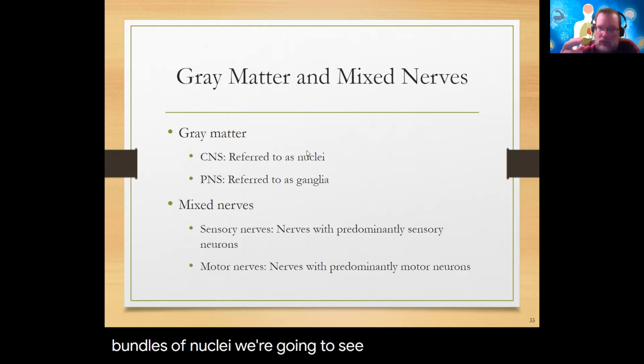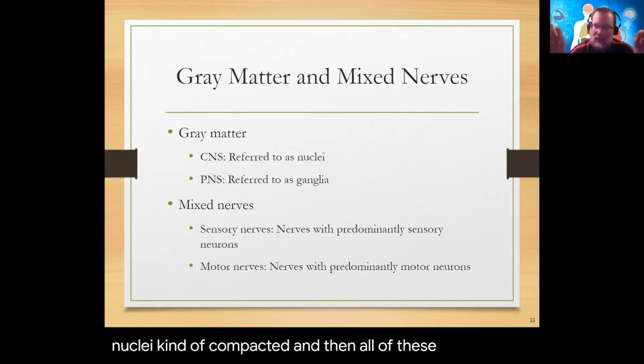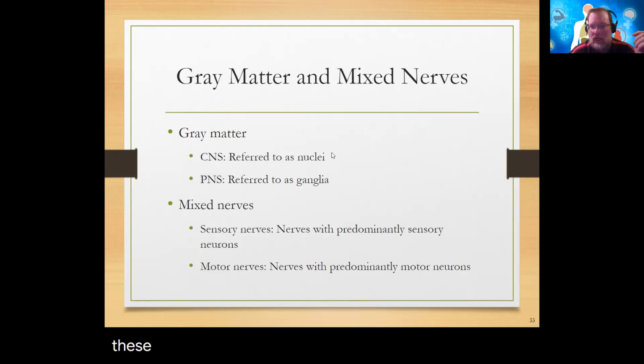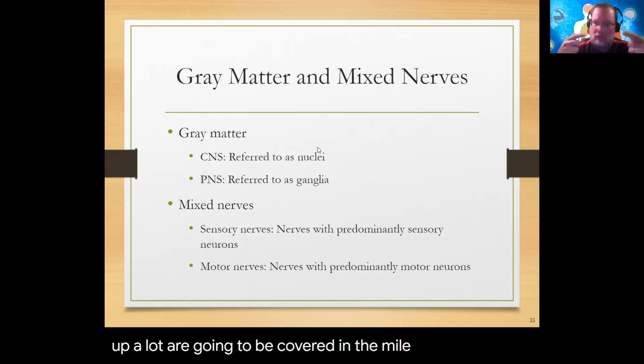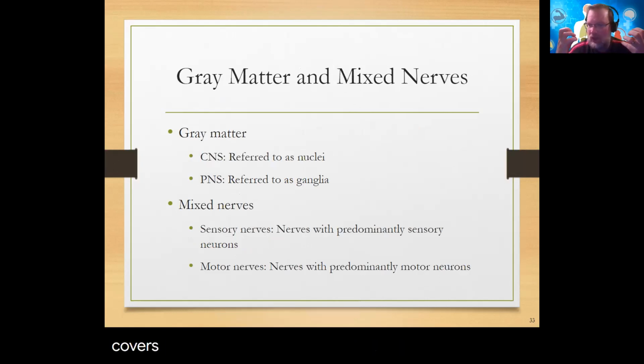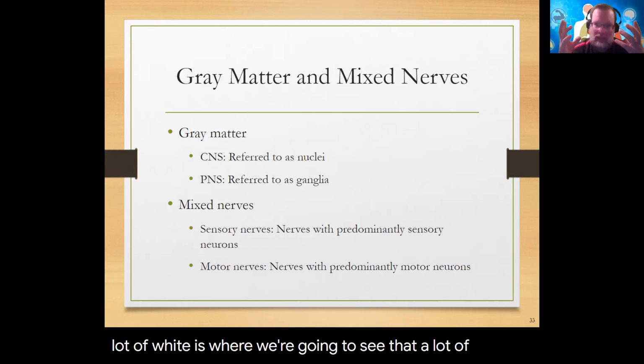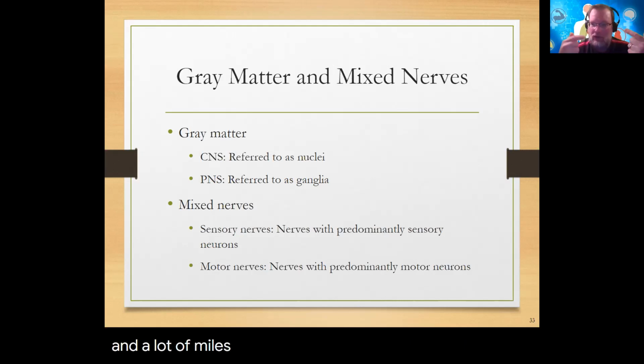We're going to see a whole bunch of nuclei kind of compacted, and then the axons of these neurons are going to be covered in the myelin. So the myelin covers up a lot of the axonal aspects. So wherever we see a lot of white is where we're going to see a lot of axons and a lot of myelin covering these axons.